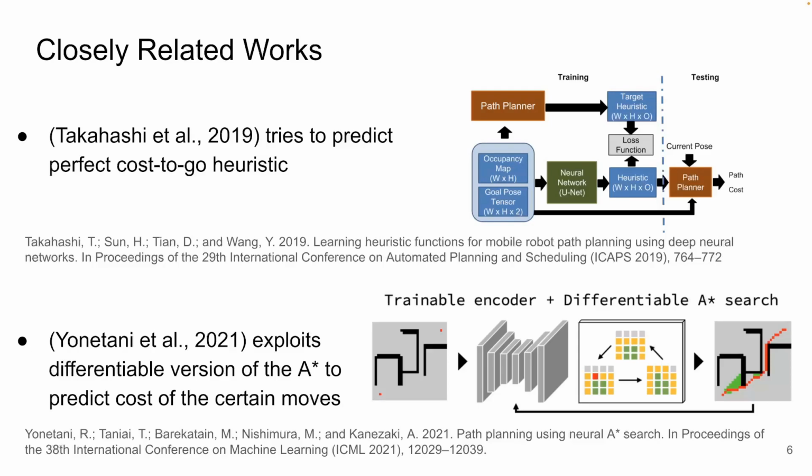In the most recent work by Kirilenko and others, the differentiable A star model was introduced, which was used to train a neural network to predict the cost of certain moves on the grid. In our work, we use both of these approaches as the baselines to compare with. Later we will show that our method consistently demonstrates better results.